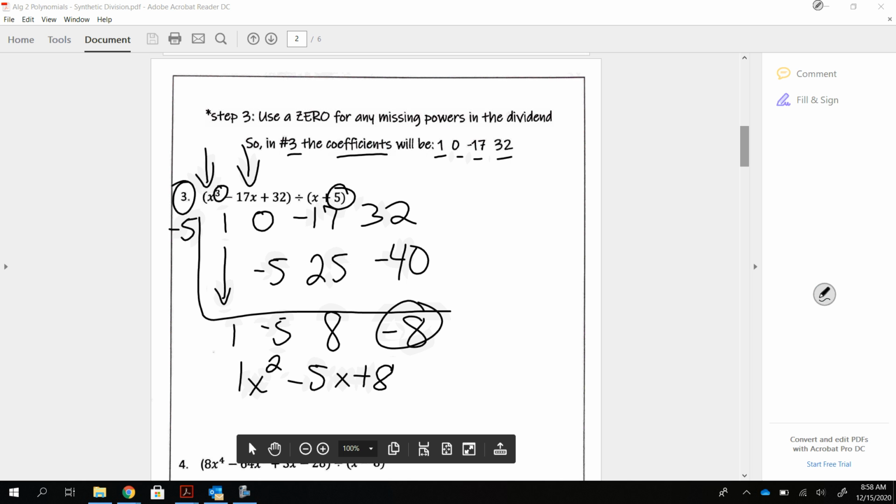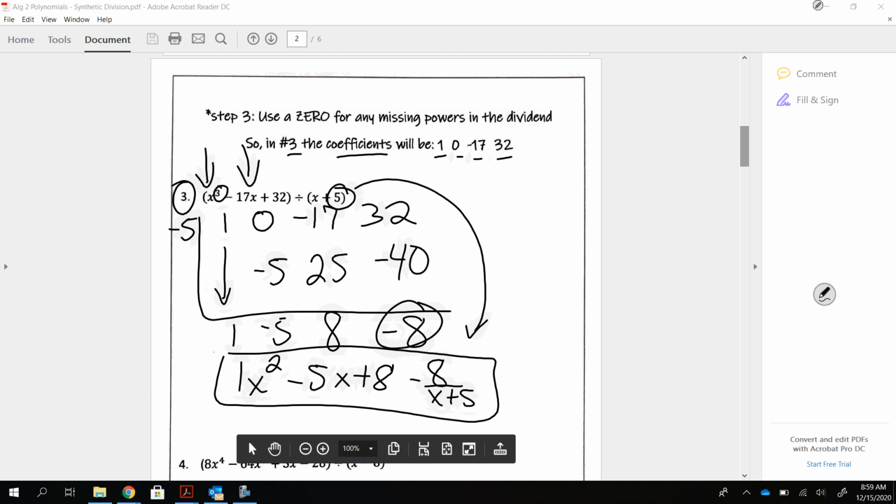And then our remainder is negative 8 over x plus 5, so we just move that down here, x plus 5, and we are done. Again, I wanted to set it up just to show you what to do when there's no x squared. The coefficient is 0 down here, all right? But I ended up solving it anyway just to show you how easy and simple it was, okay?